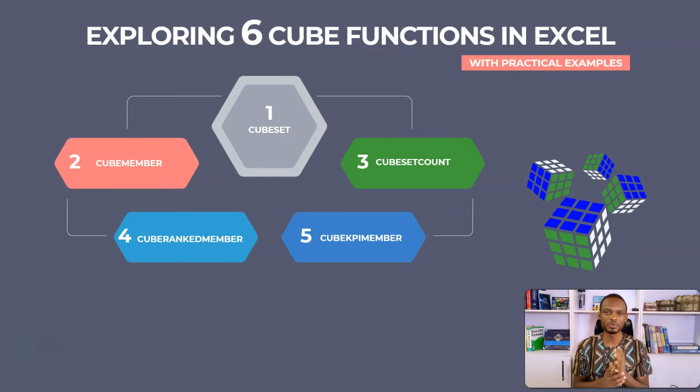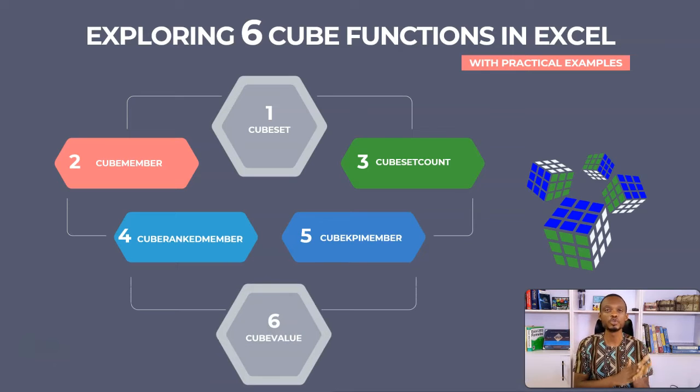Again, in our case study, we'll see how this works, right? Now, one of the important Cube functions is CUBEVALUE, that allows us to bring aggregations or calculations from our data model, right? So think of any calculation that you can do in your data model: sum, total sales, total cost, profit margin. These essentially are calculations.